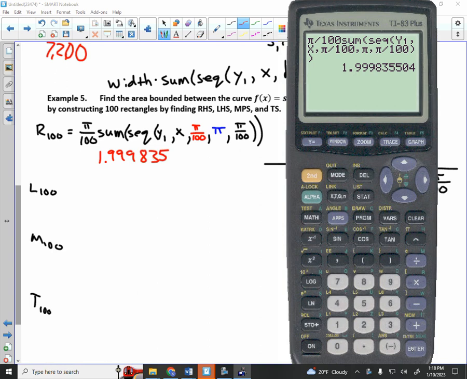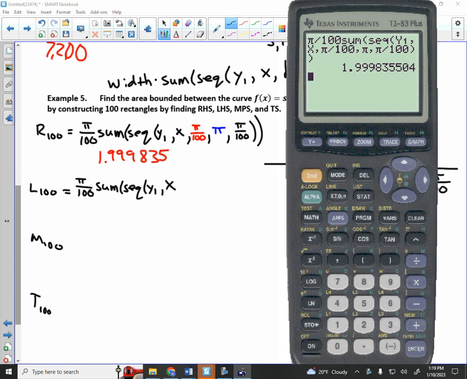Okay. Don't touch your calculator. We're going to use that, okay? Otherwise, you're going to have to re-enter everything. Let's write down the left hand. We start with the same thing, pi over 100 times the sum of the sequence of y1. What goes next?